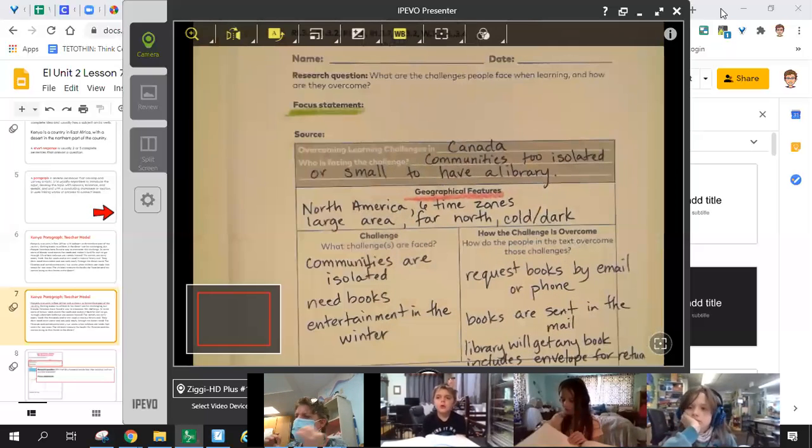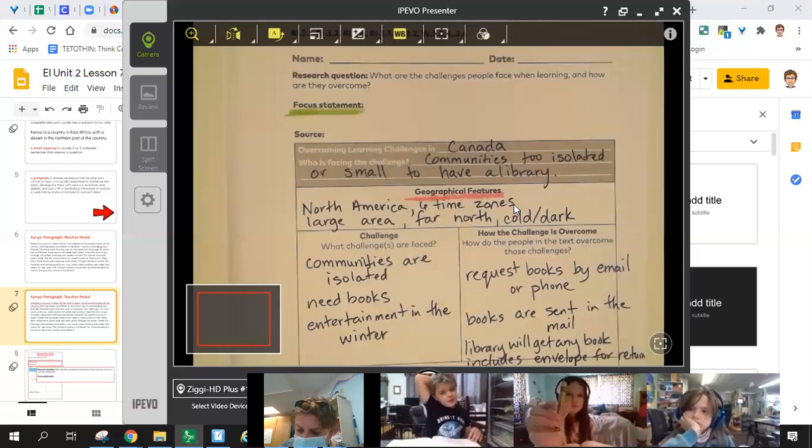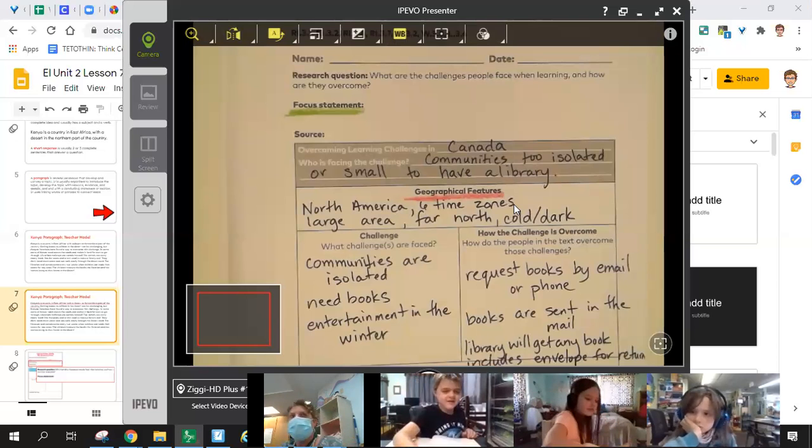So what color did we use next? Let's see. Ben, do you know what color we used next? Okay, I'm listening to Ben, my friends. Maybe we're going to use yellow. Yes, we are. Good job, Ben. So where is yellow going to go, Nixon?